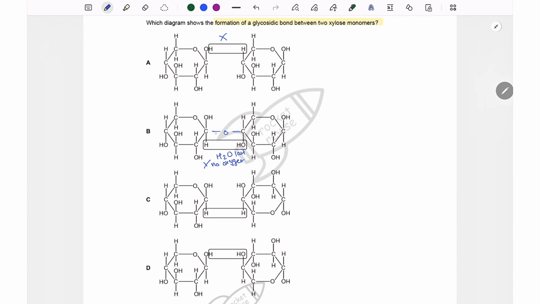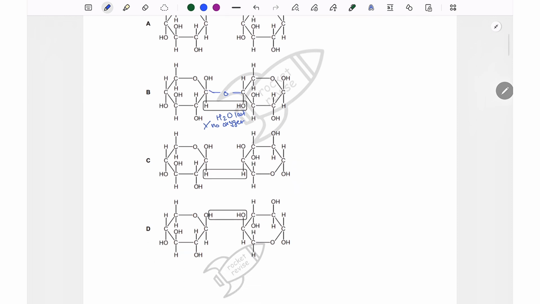There's supposed to be an oxygen remaining for that bond to form. Then the third one, you're losing both hydrogens, so this is not even right. And the last one is right because you lose H2O, and in the end you have this oxygen that's going to join the 2 carbons together.